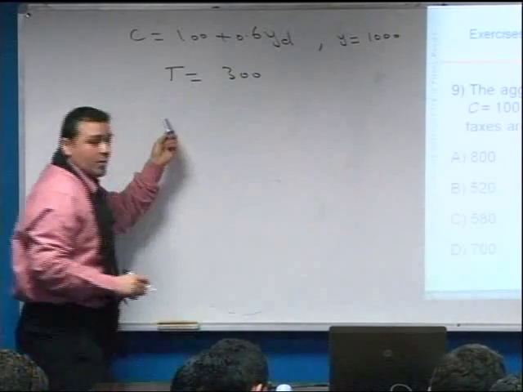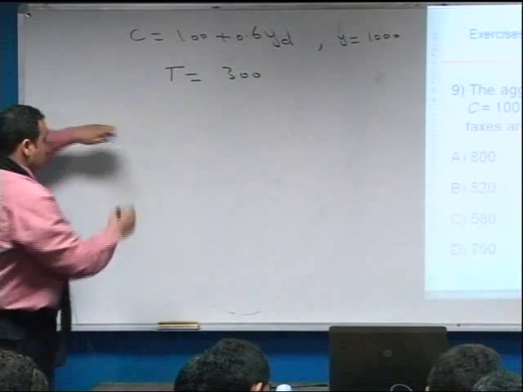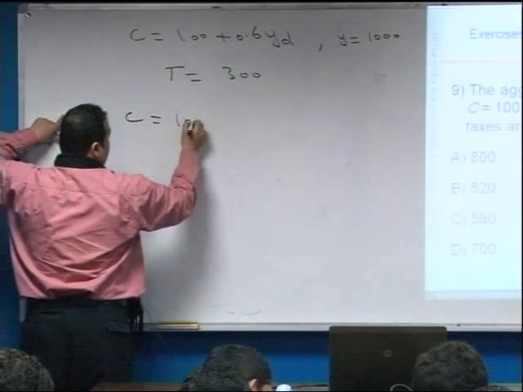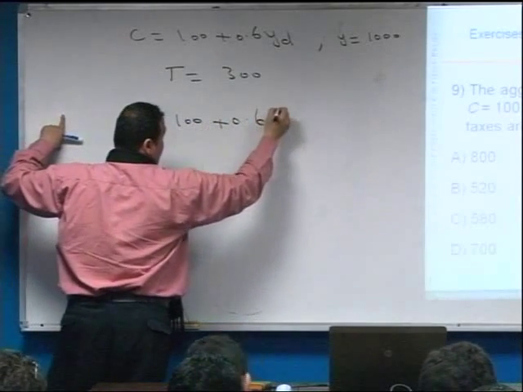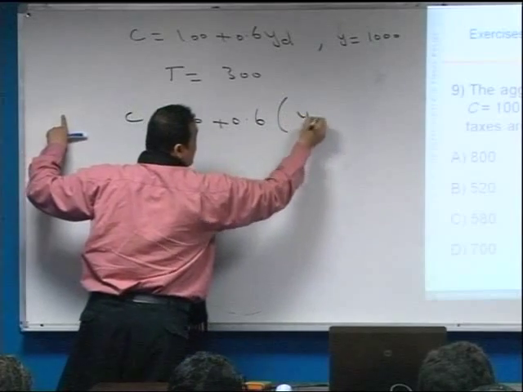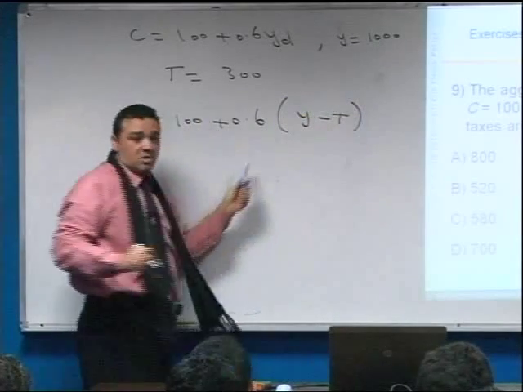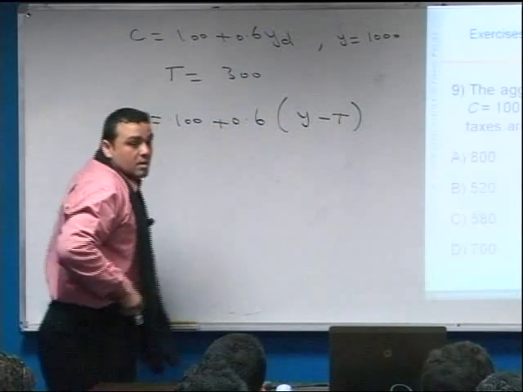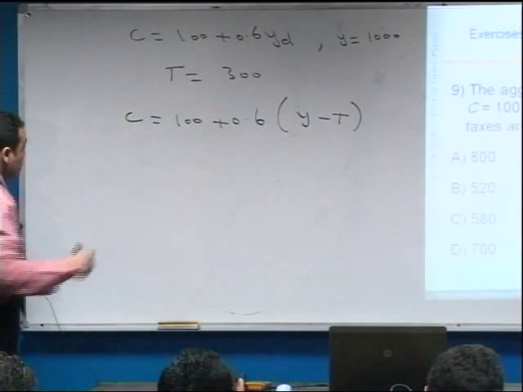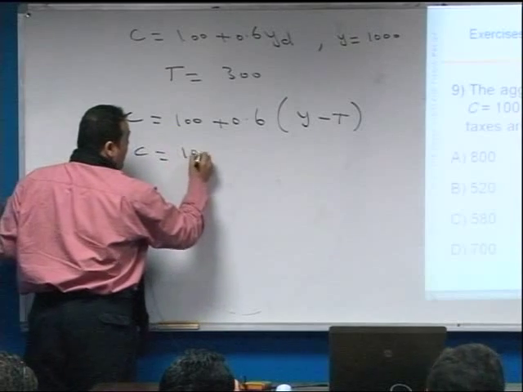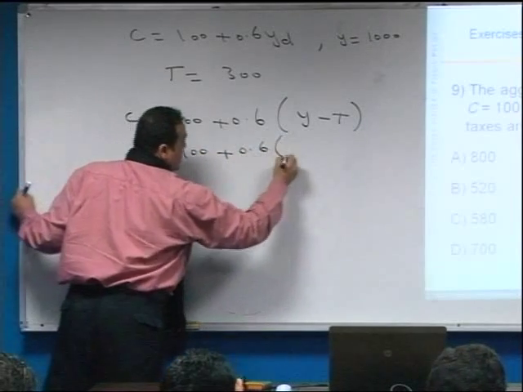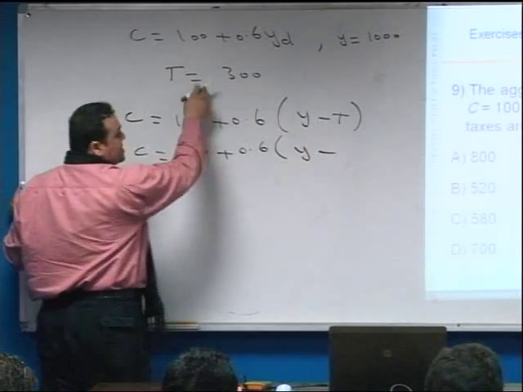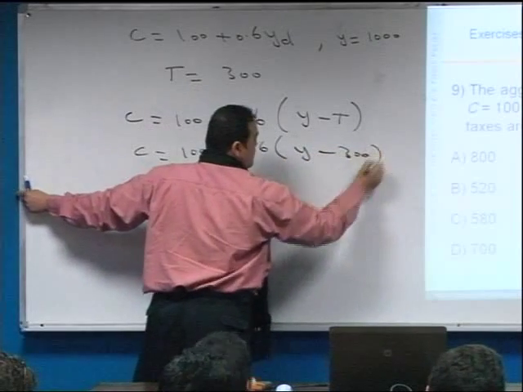Exactly. We can use the formula C equals 100 plus 0.6 YD, where YD equals Y minus T. Substituting, C equals 100 plus 0.6 times Y minus the taxes, 300.